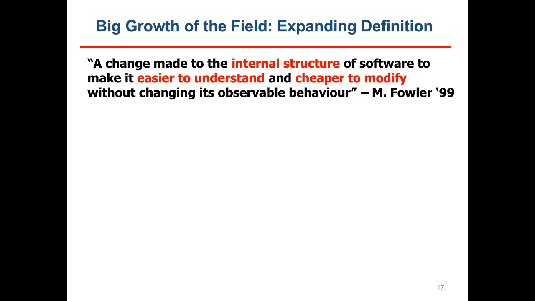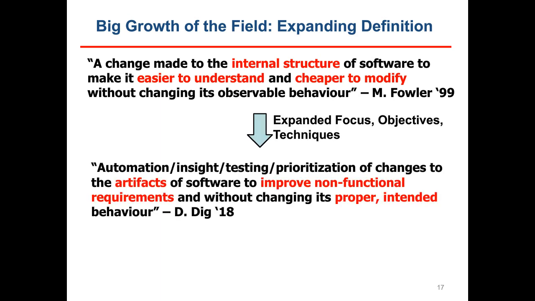So we've seen a tremendous growth and expansion because we moved beyond the focus, the objectives, the techniques that we use. It's beyond the original work, and now refactoring is about automation. It's about generating insight, testing, prioritizing, and changes that apply not only to the code but to many other artifacts.